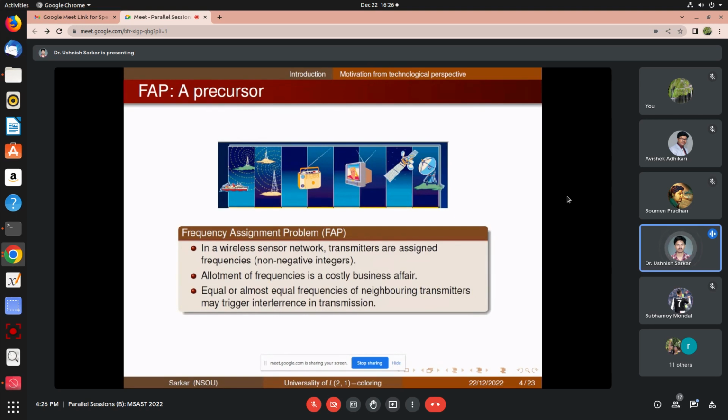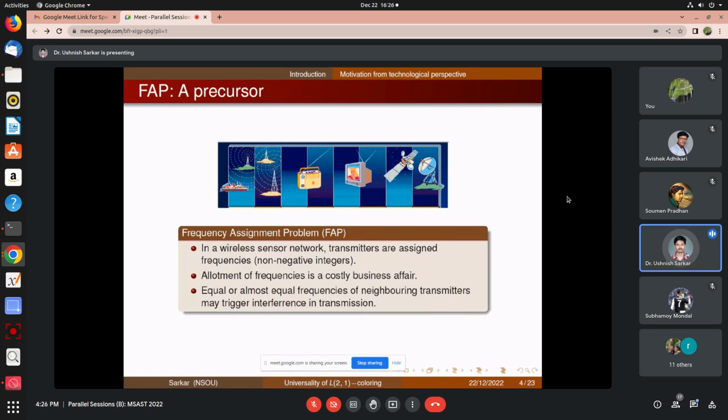These frequencies are treated here as non-negative integers. It is not enough, or we are not free to assign frequencies as per our whims, because procuring frequencies is actually a very costly business. These are unavailable due to financial and other physical restrictions.